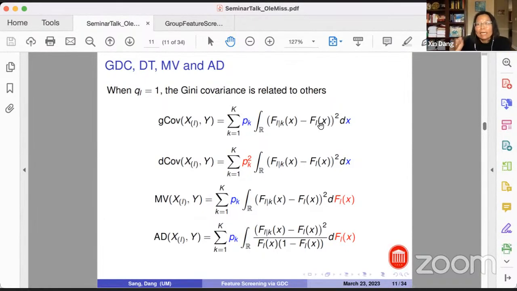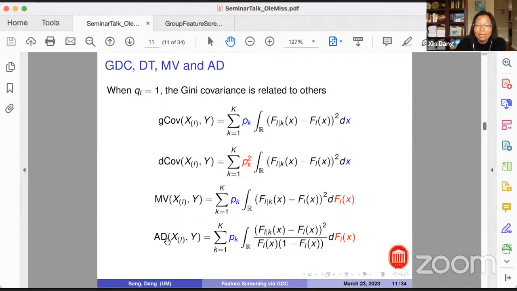And I list the other three methods we will compare later. The distance correlation has p_k squared here. The mean variance, instead of respecting the squared differences of X as a distance, respects the CDF, so it is rank based.